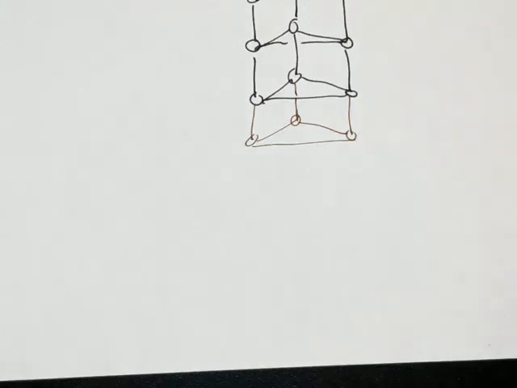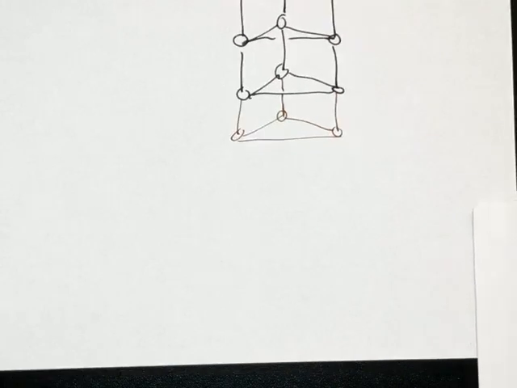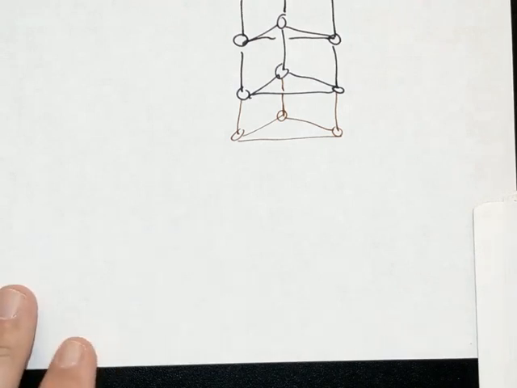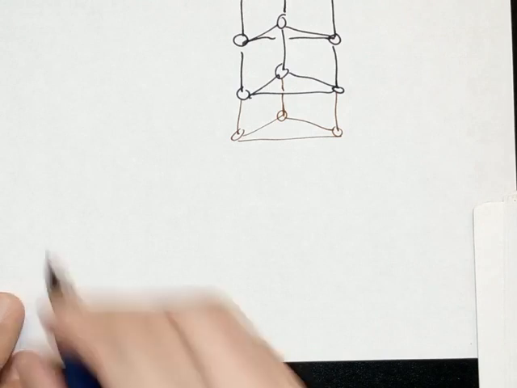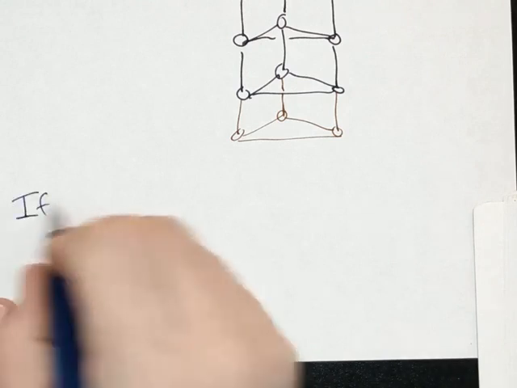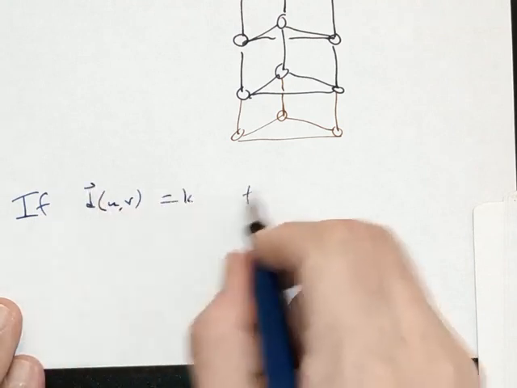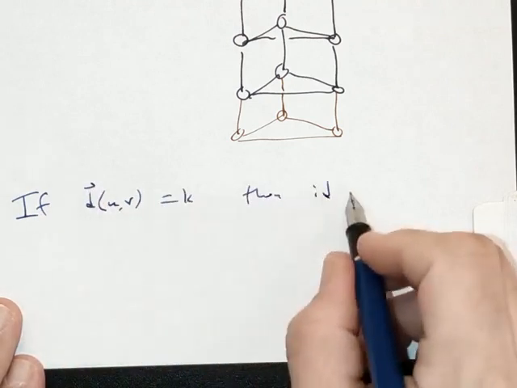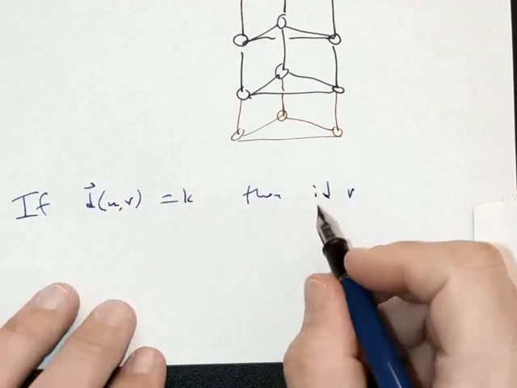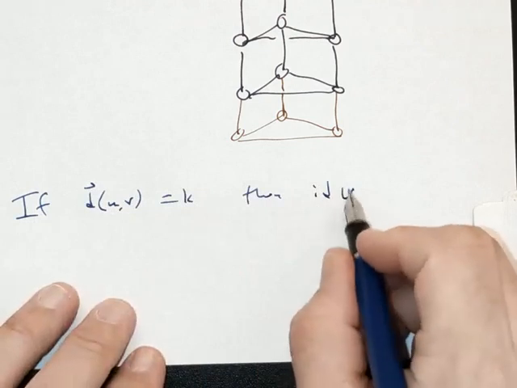Prove that if we have u and v, and the distance from u to v is k, then the indegree of u is bigger than or equal to k minus 1. Indegree of u, not v.